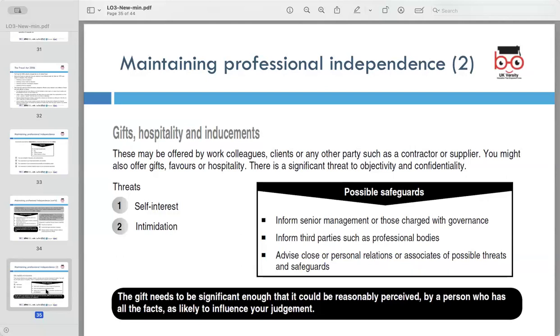Threats include self-interest and intimidation, necessitating safeguards such as informing senior management or governance bodies, and advising close associates of potential threats. It's also important to assess the significance of a gift or hospitality, ensuring that it does not unduly influence decision-making processes or compromise ethical standards in accounting practice.